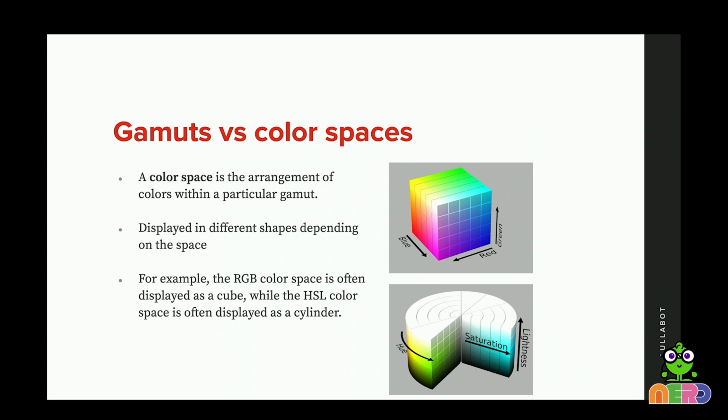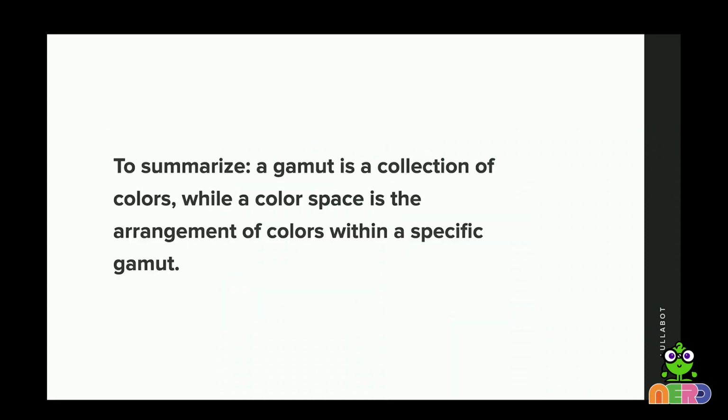And hue is a representation of the circumference, so it's like the color wheel, and it's represented in degrees from 0 to 360, and that will determine what color you're using if you're using the HSL color space. And in summary, a gamut is a collection of colors, and the color space is the arrangement of those particular colors within a specific gamut.